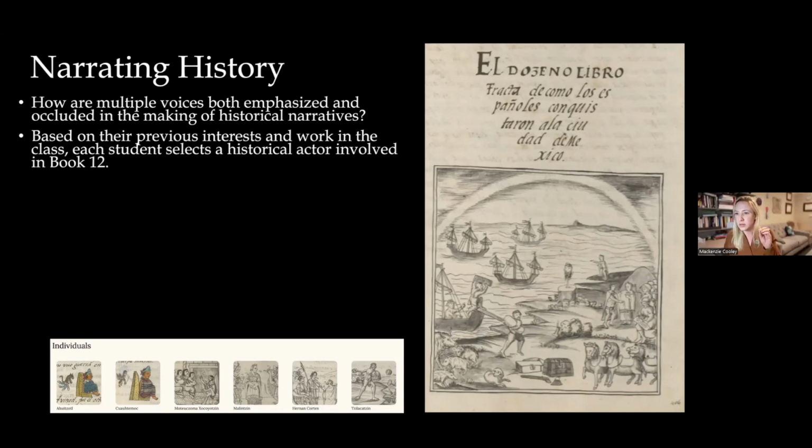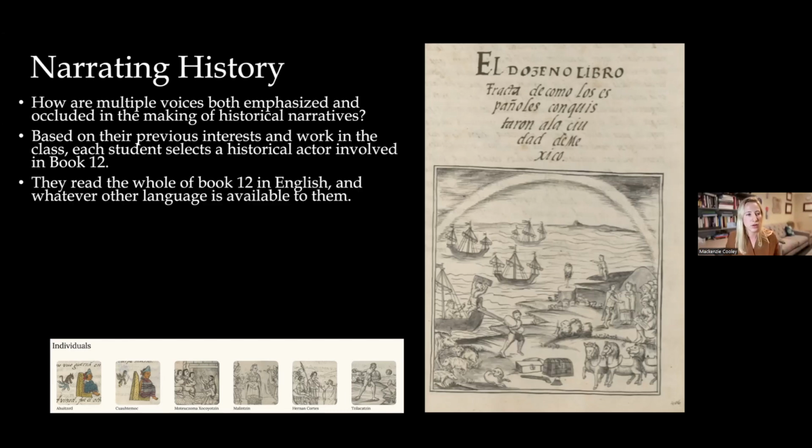Sometimes students choose an individual mentioned in the text, and other students choose makers, and also consider the provenance of Book 12. We read through the whole of Book 12 in English, and then we work through that sometimes in Spanish, depending on the ability level of the class.